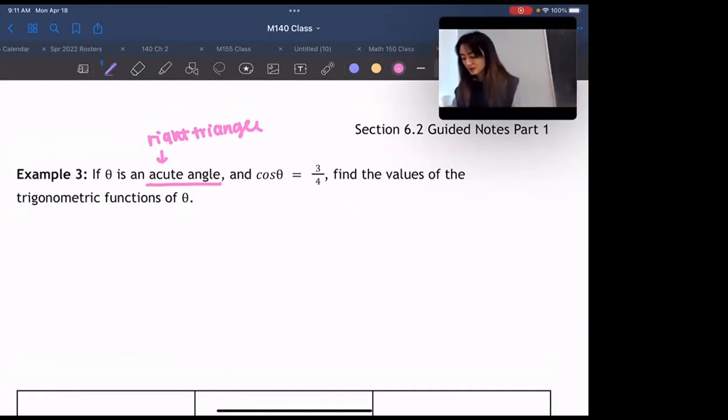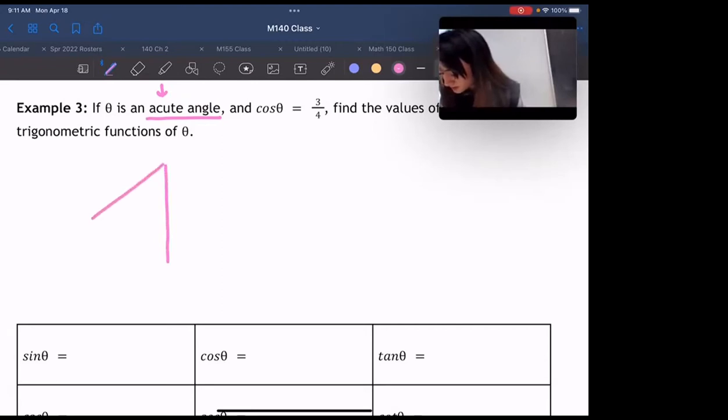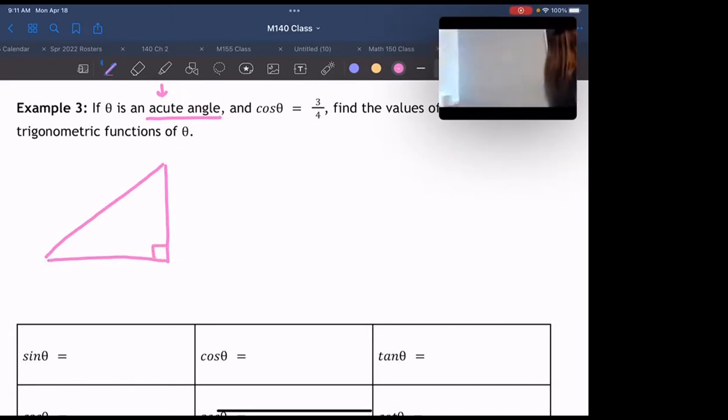Okay, so what we're going to do is, since we're dealing with an acute angle, why don't I just draw a triangle? Okay, a right triangle, maybe the right angle is here. Okay, and I think it's easier for me to think about when the angle is on the bottom left. So let me just draw theta here.